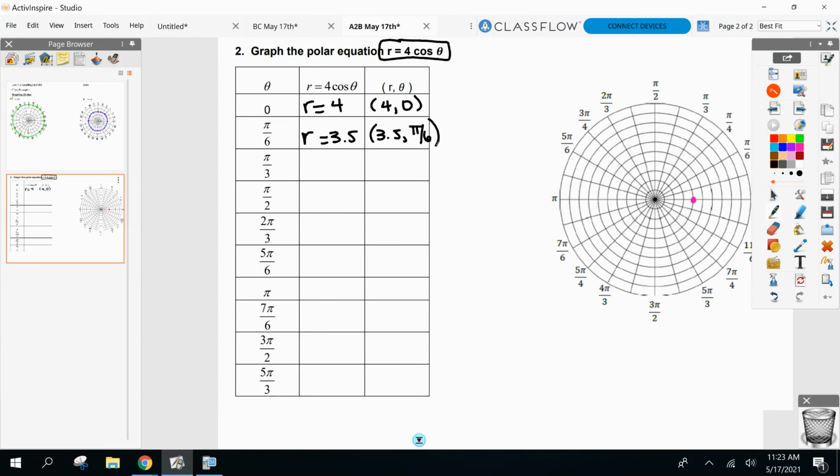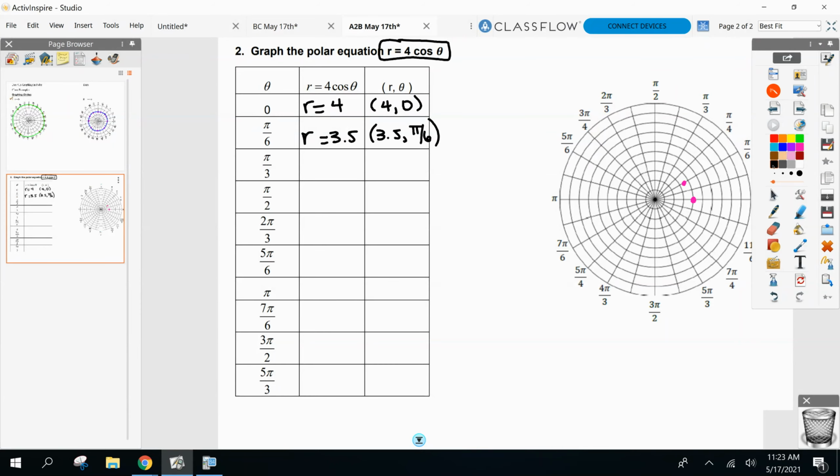Everyone go to pi over 6 and graph 3.5 as best you can. You don't have to do it now, but you can if you want. We connect these in the order we find them. I connect them at the end, but that's just me.